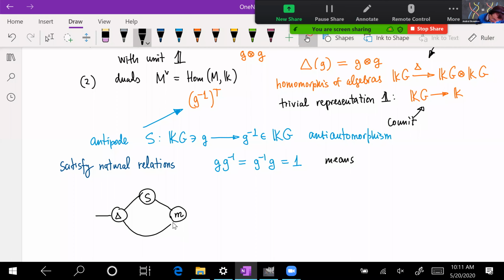So this diagram corresponds to the fact that I took my algebra to the algebra square, so this has two elements here. Then I applied the antipode to one of them, and then I multiplied them together.